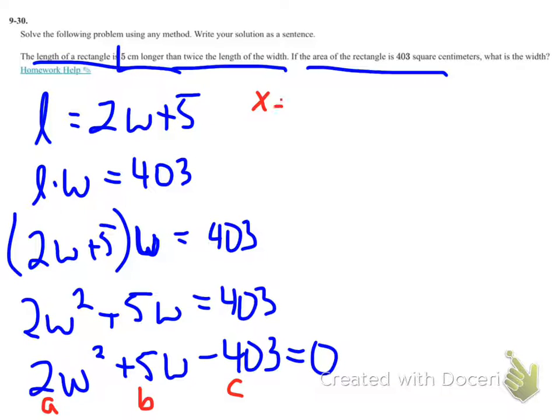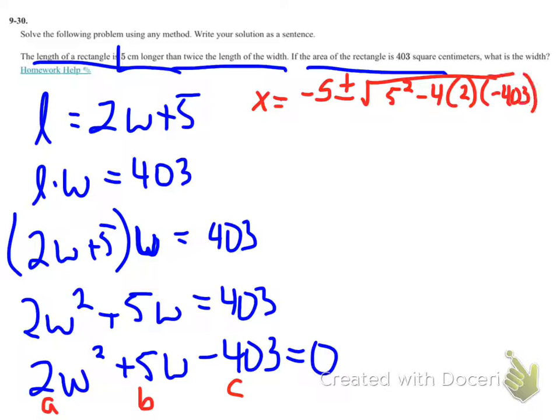So x equals the opposite of b, plus or minus the square root of b squared minus 4 times a times c, all divided by 2a.